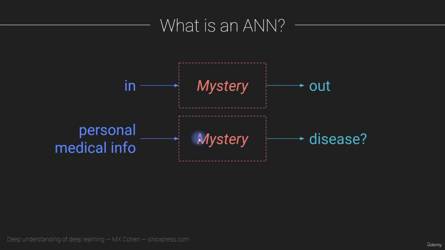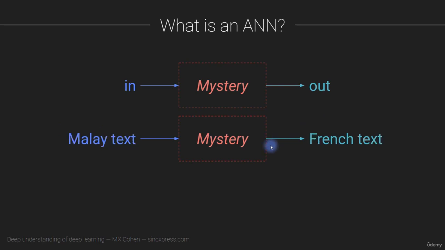Another example is given your personal medical history and diagnostic test outcomes, we can have an ANN that predicts whether you might have a particular disease. Self-driving cars have cameras, and given the pixel values in the image, a deep learning model needs to determine whether there is a pedestrian about to walk in front of your car. Okay, here's one more example.